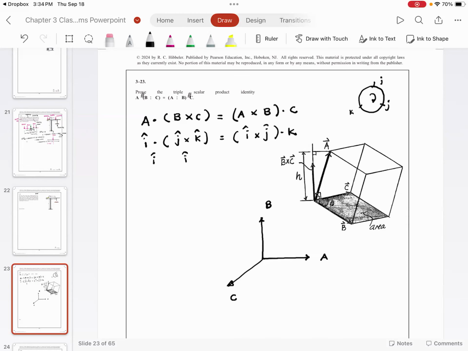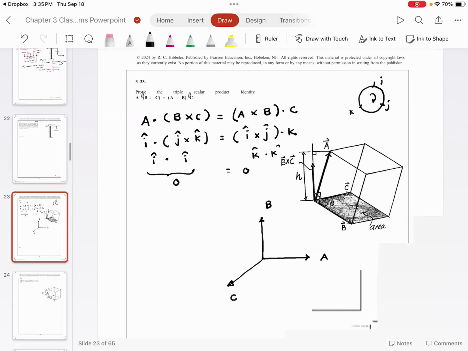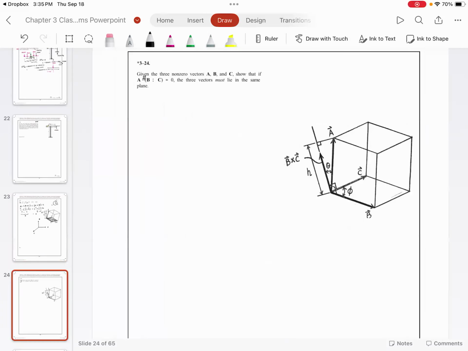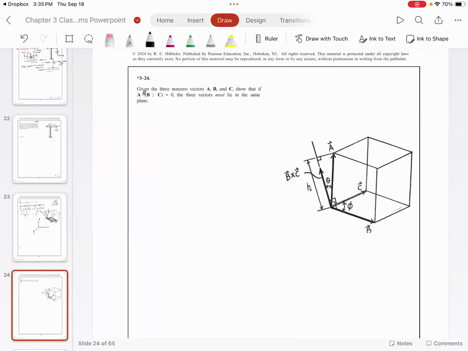What is I dot I? 0. What is I cross J? K. What is K dot K? 0. I need to prove. Understood? I'm going to give this problem as homework.